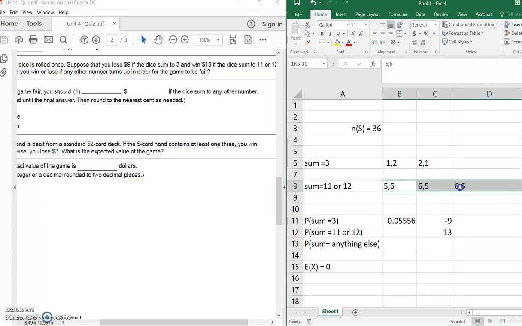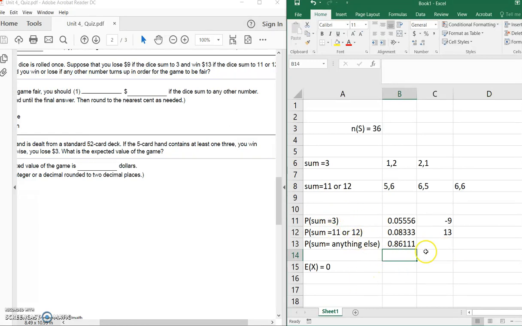So in these 3 possible combinations, you can get a sum of 11 or 12. So the probability of getting a sum of 11 or 12 would be 3 out of 36. And then anything else, so basically not 3, not 11, not 12, instead of trying to find the sums of 2, 4, 5, 6, 7, 8, 9, 10, that would be just too complicated. We just subtract these 2 from 1. This would give me the probability of getting a sum anything other than these outcomes.